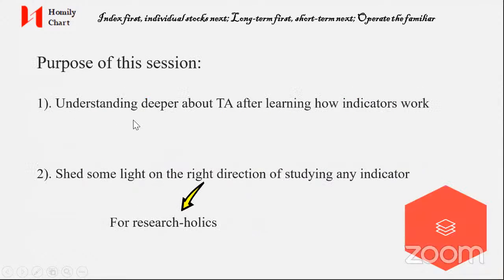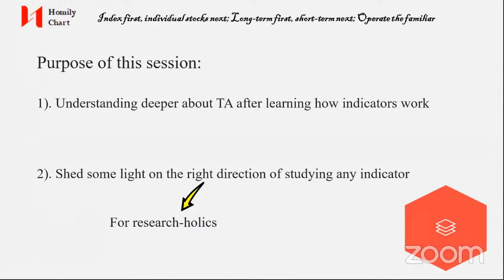And okay, so now the purpose of today's session. Firstly, we need to understand deeper about technical analysis after learning how indicators work. This is the first purpose of today's session, understanding deeper about technical analysis. And the second purpose for today's session is to shed some light on the right direction of studying any indicator in future.